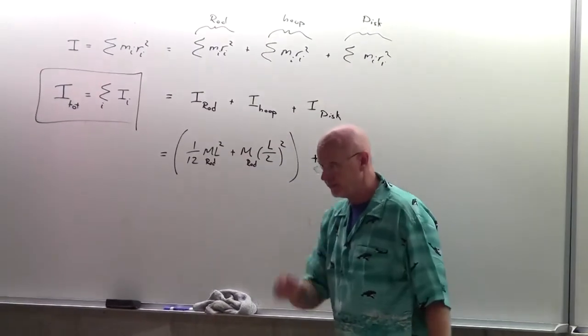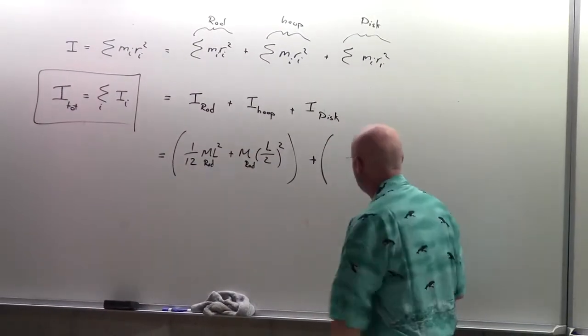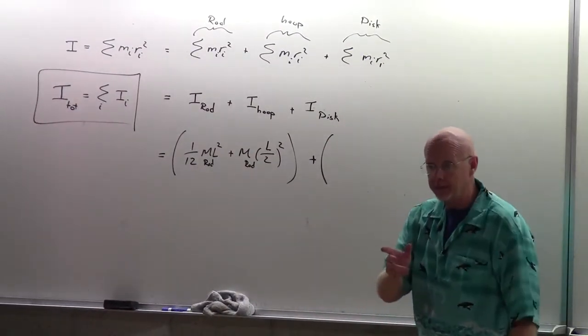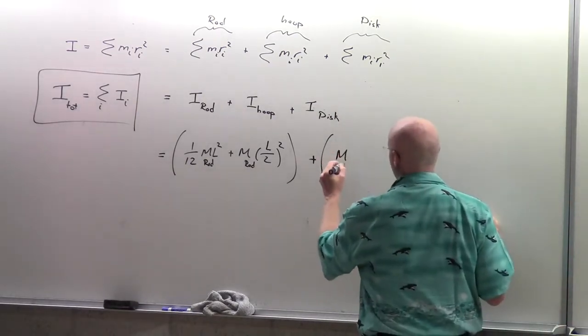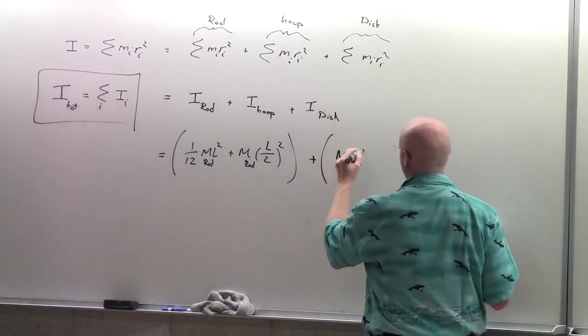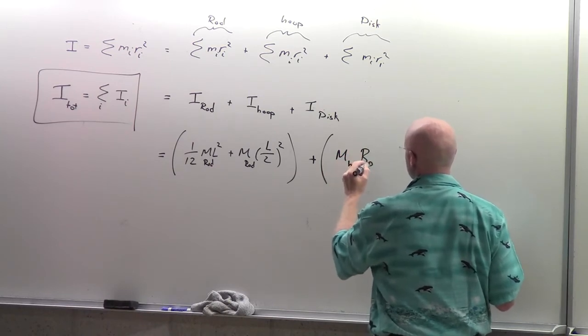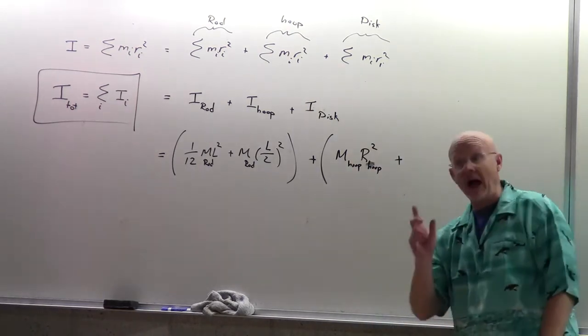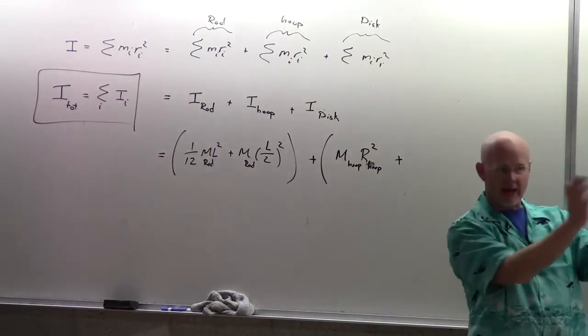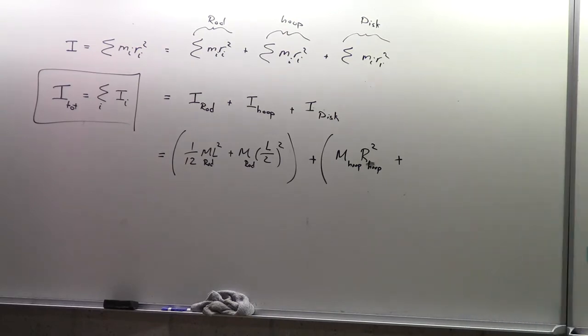Let's go to the hoop. We did the hoop earlier, right? Do you remember what we got for the hoop? M for the hoop, radius of the hoop squared. Yep. But that was about its center. Is that what I have going on here?